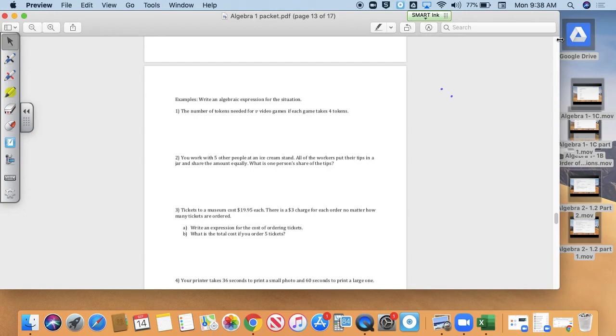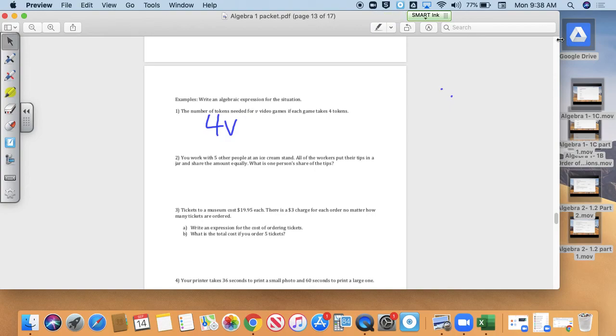If you want to play one video game, you're going to need 4 tokens. If you want to play 2 video games, you're going to need 8 tokens. So basically what's happening here is you need to take 4 and multiply it by each video game you are going to be playing. So this algebraic expression would be 4V, or V times 4.